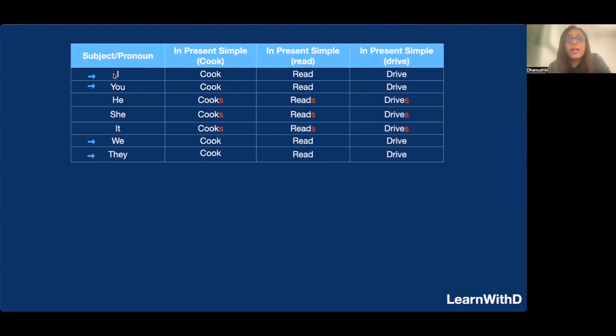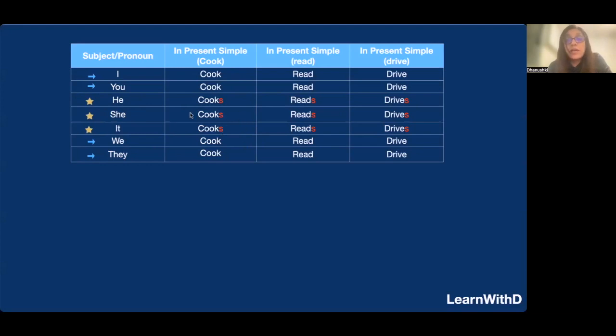Note that with I, you, we, they, we only use the base verb, which is cook. Then let's look at he, she, and it. He cooks. She cooks. It cooks.